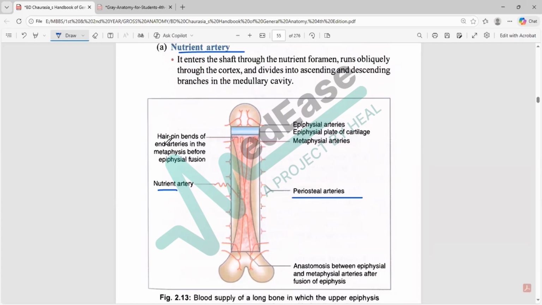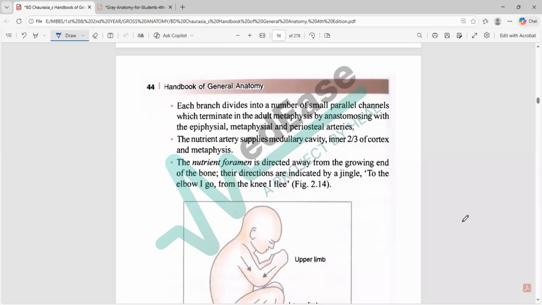Then we have the hairpin-bend-like metaphyseal arteries, which pierce the bone at the metaphyses. Then we have the epiphyseal arteries, which pierce the bone at the epiphyseal end, and these are important for supplying the joints as well.